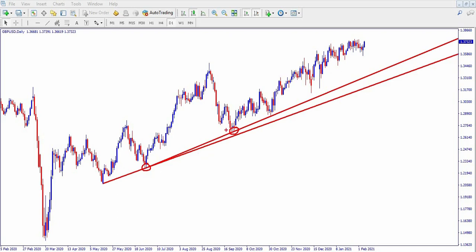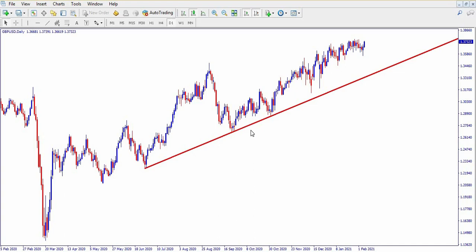After connecting these two points, you can see price went up, retraced, and bounced on the trend line. It went up again. So you can find more than one trend line on a chart. It all depends on what you are seeing from that chart.